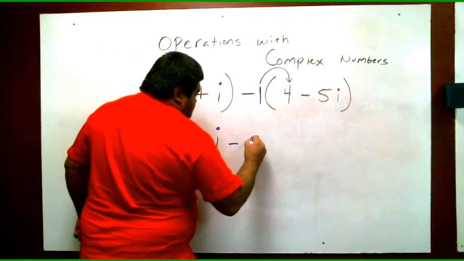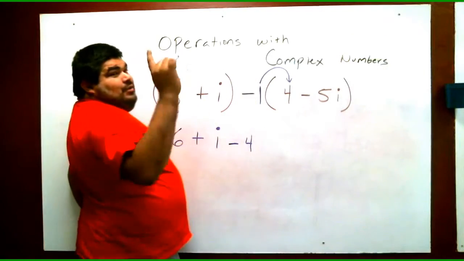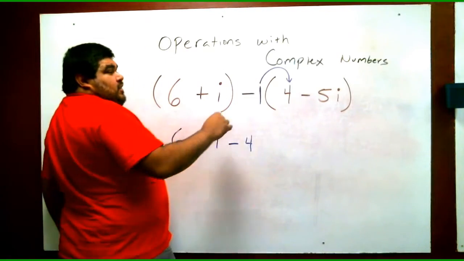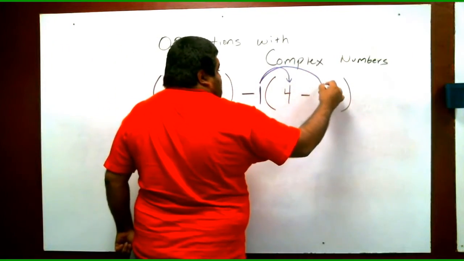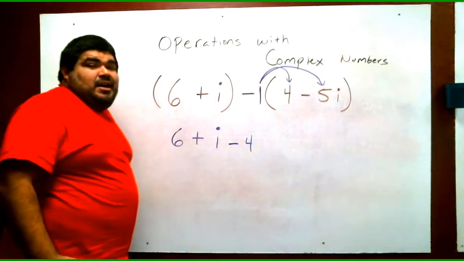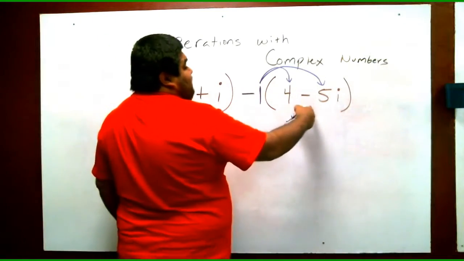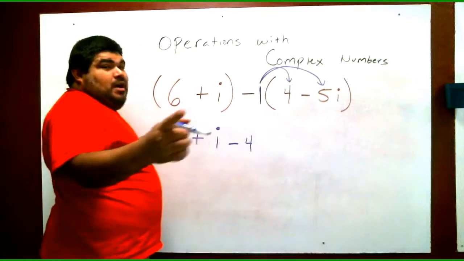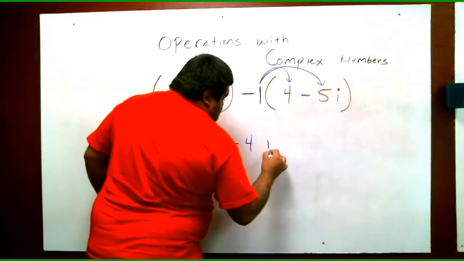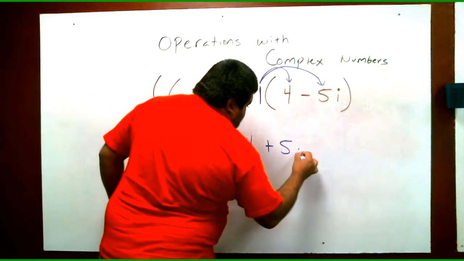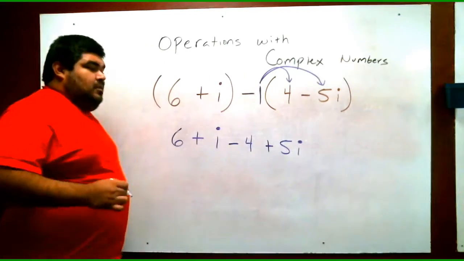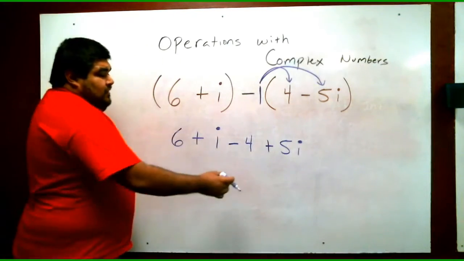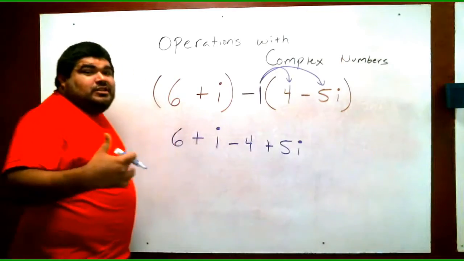So negative 4. You do it also to the other number. So negative 1 times negative 5i. Negative times negative is positive, plus 5i. Notice that I didn't change the 5i because anything times 1 is just itself.